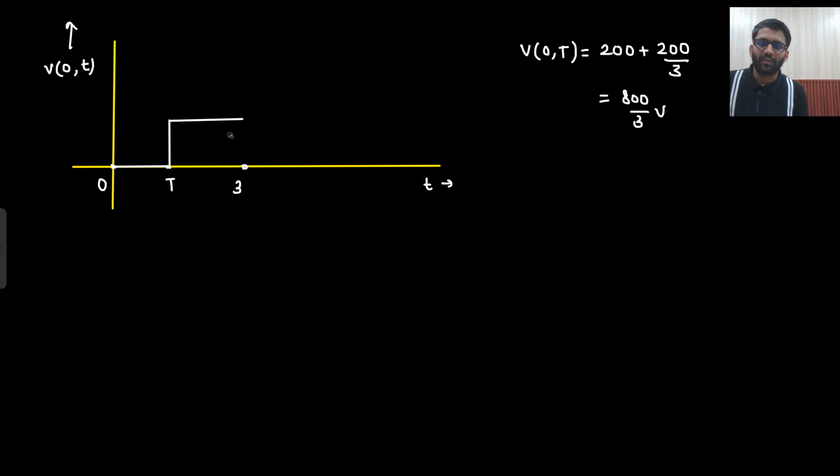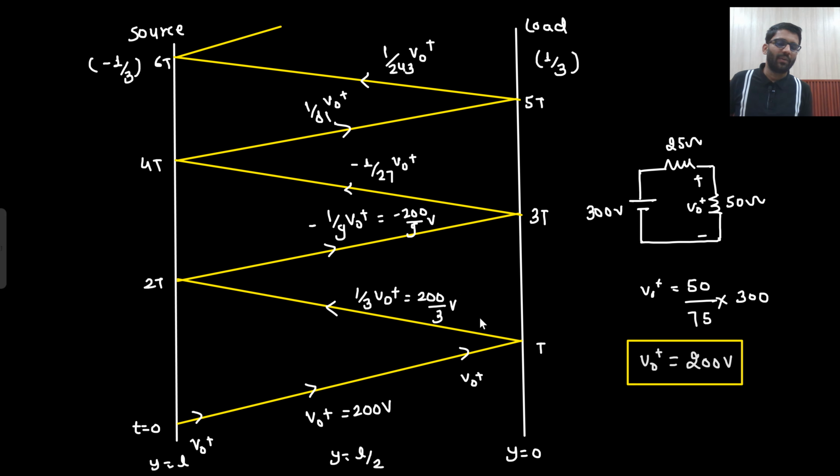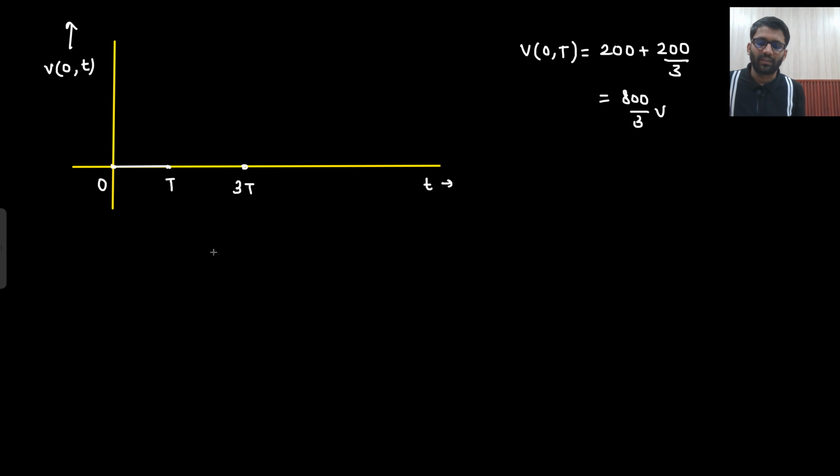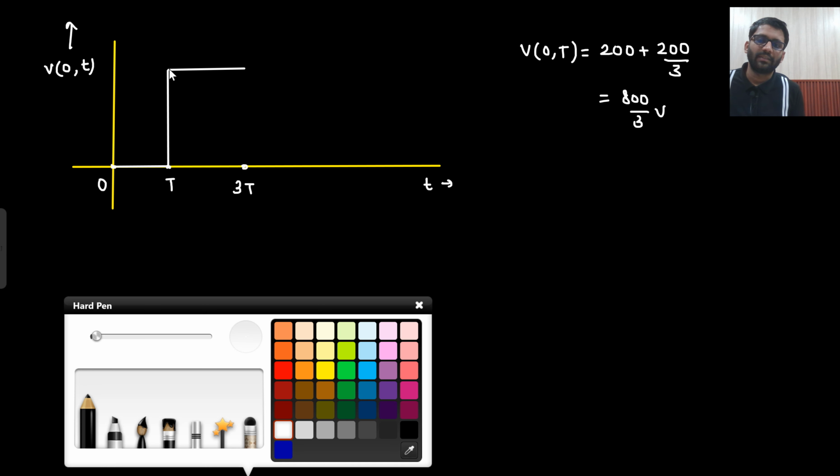Let's make it a bit larger. So from t to 3t, 800 by 3 only will be there. Like at 2t if I ask you, it will be 200 plus 200 by 3. So till 3t you will have 200 plus 200 by 3, that is 800 by 3.